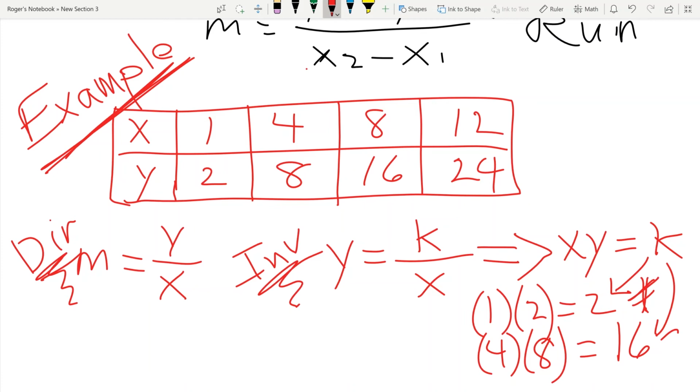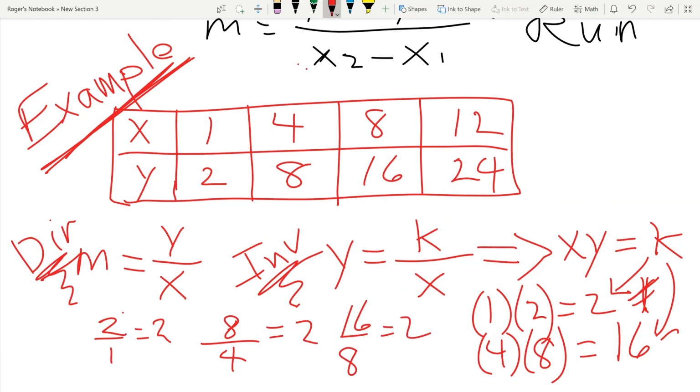Do we have direct variation? Does y divided by x always equal the same number? So in the first case, what's 2 divided by 1? 2 over 1 equals 2. Okay? 8 divided by 4 is equal to 2. And 16 divided by 8 is also equal to 2. So notice that these are all the same. And of course, 24 divided by 12 is also equal to 2.